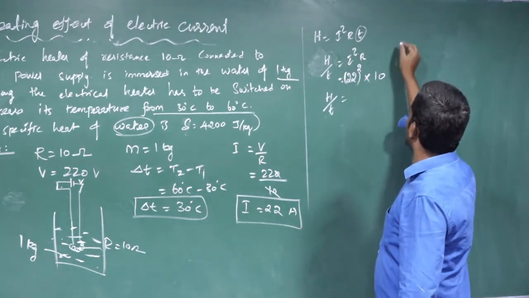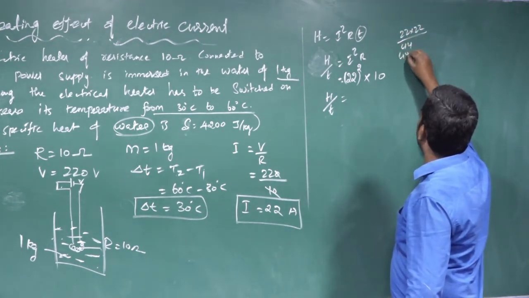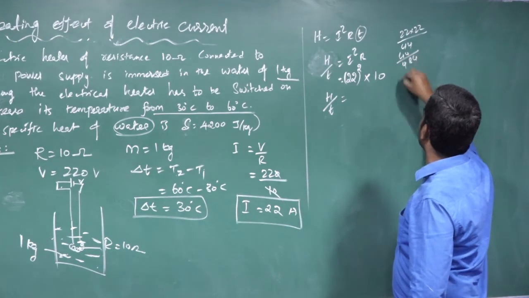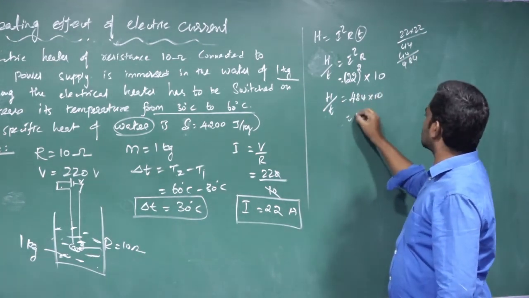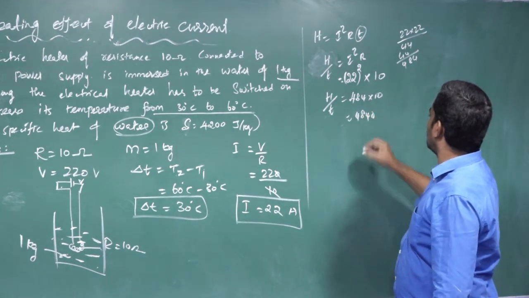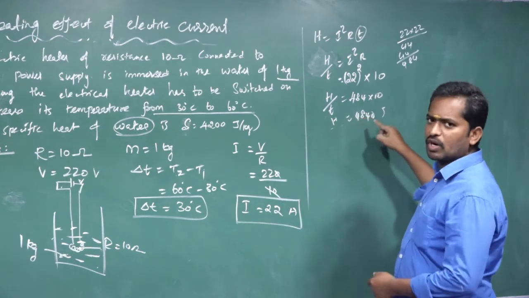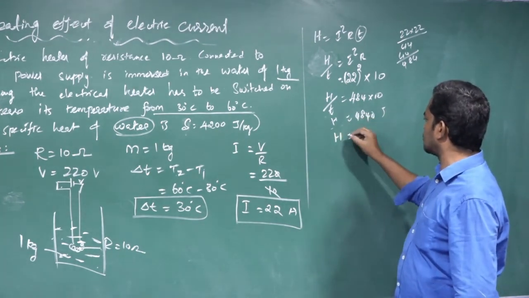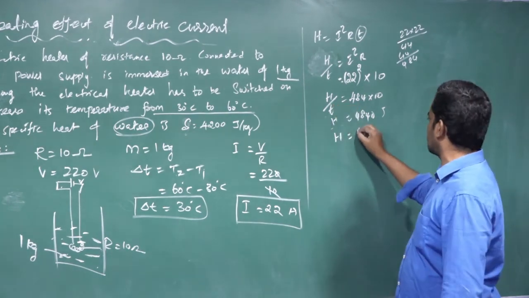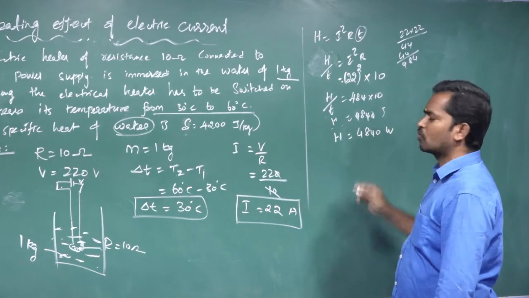So 22 into 22, 484. 484 into 10 joule. Heat energy released in 1 second, H is 4840 joule. So heat energy per second, joule per second, is equal to power, 4840 watt.